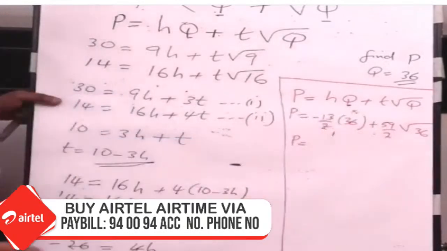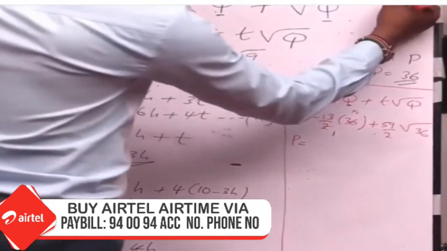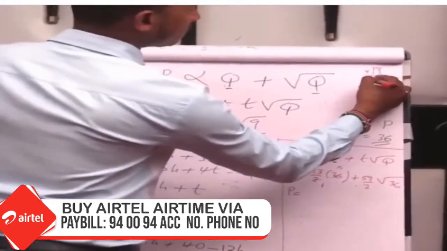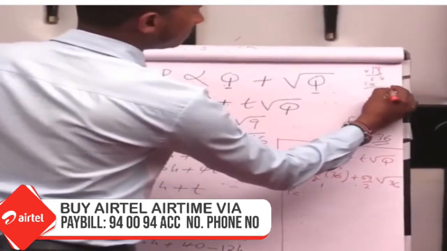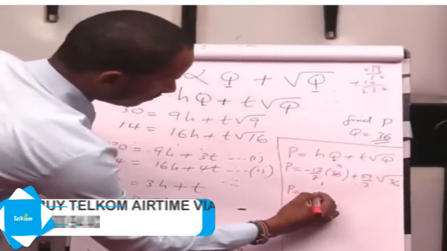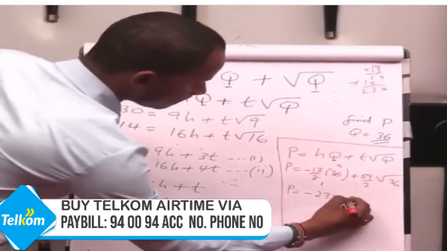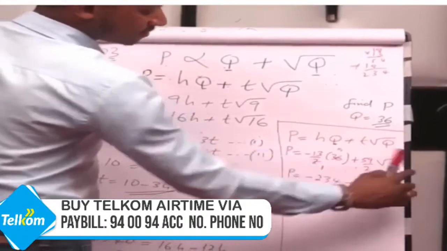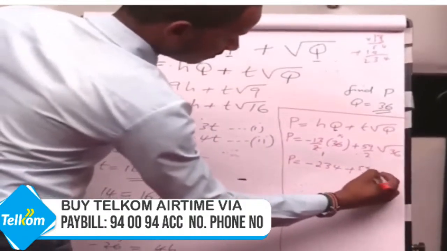So 18 times 13, calculator very fast, gives you 234. Gives you minus 234 plus the square root of 36, which is 6. So that is 59 over 2 times 6.